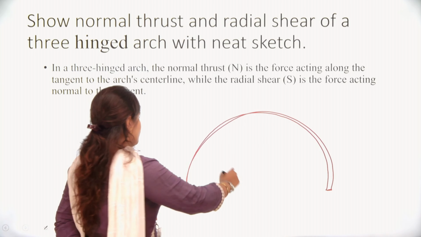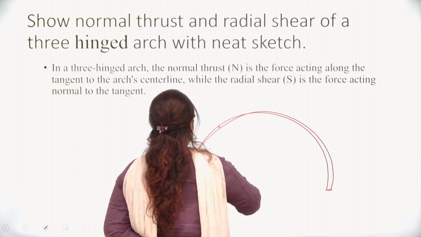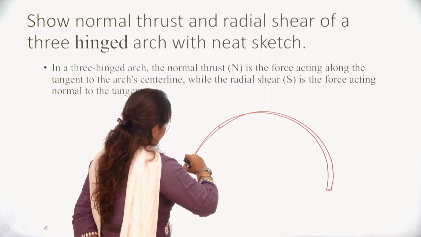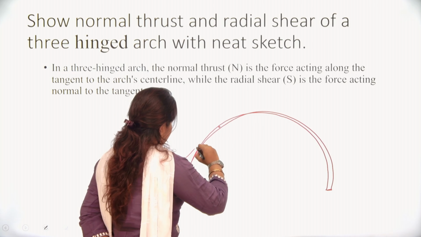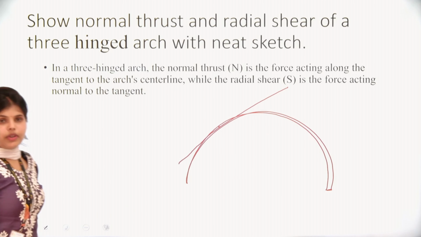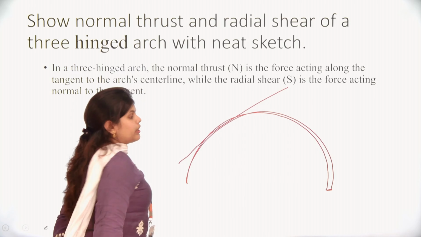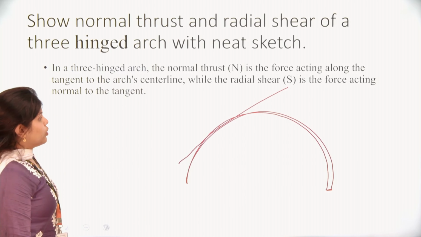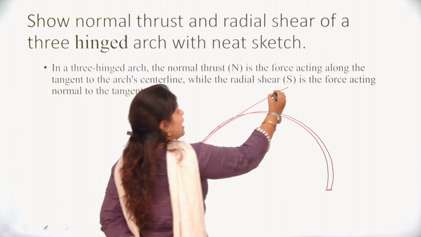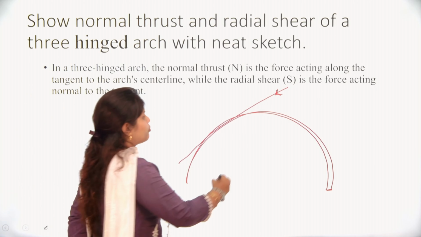If we draw a tangent with respect to this point, the force along the tangent is termed the normal thrust.